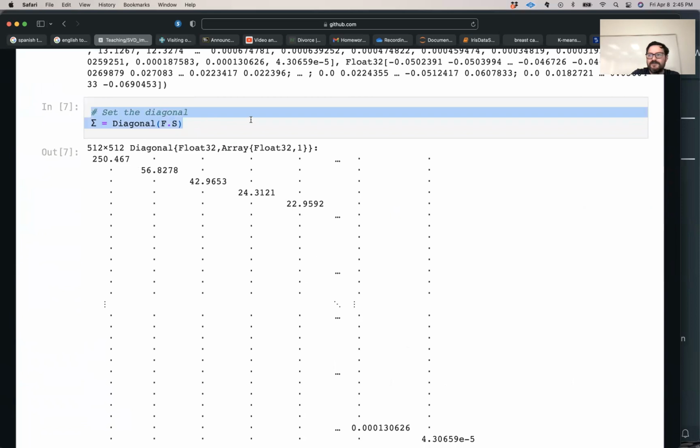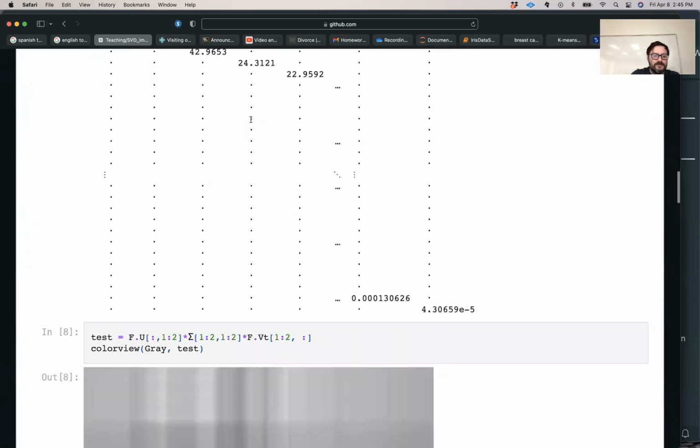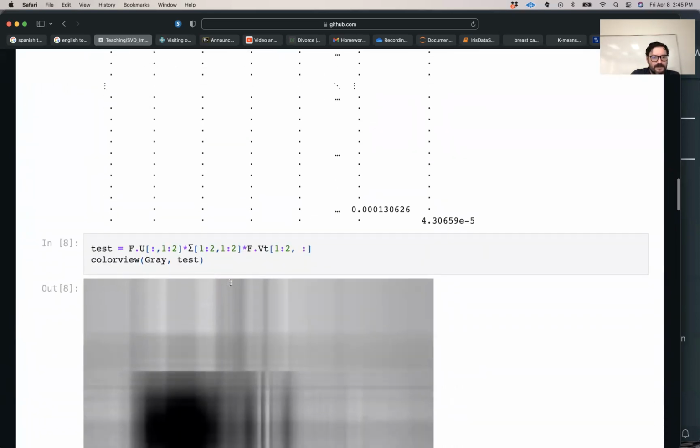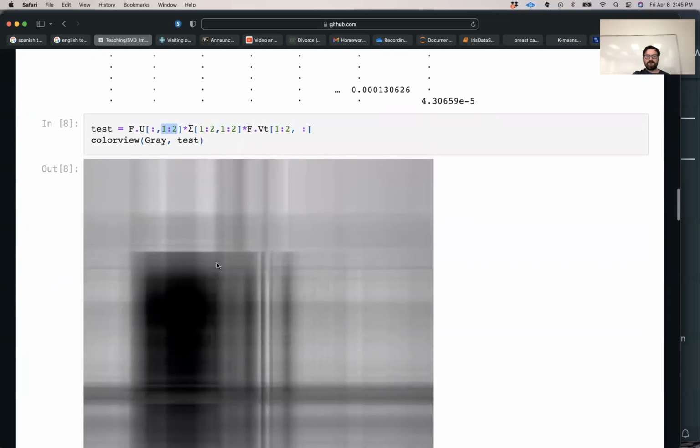So here's the sigma in the SVD decomposition. Look what happens when I take the first two columns of U times the first two singular values times the first two singular rows, because that's V transpose right there. So looking at the rows, this is what I get when I view that matrix.